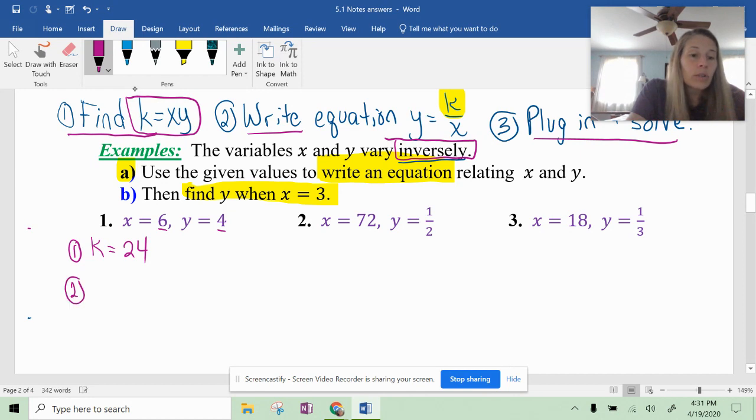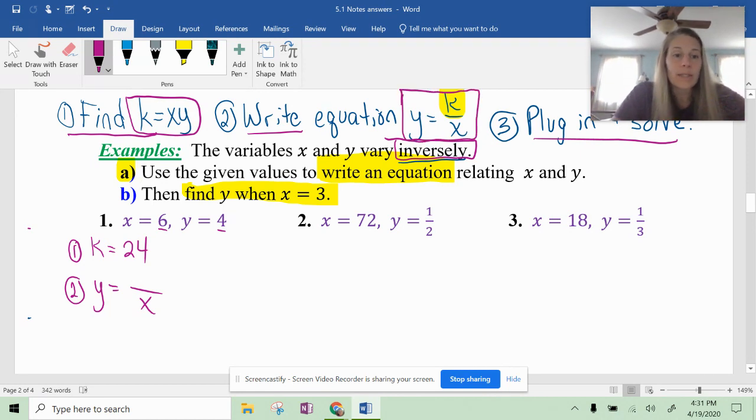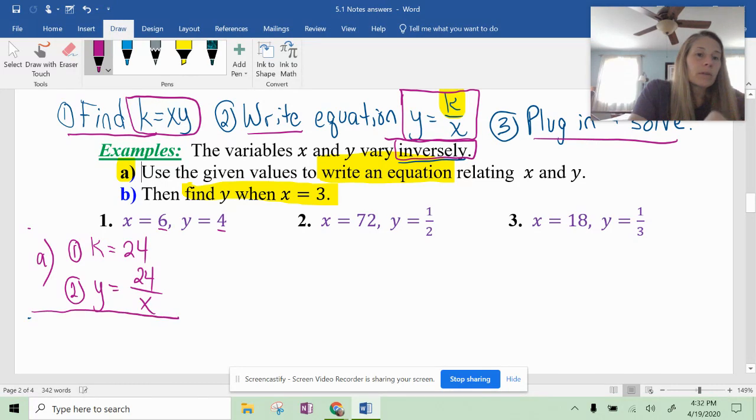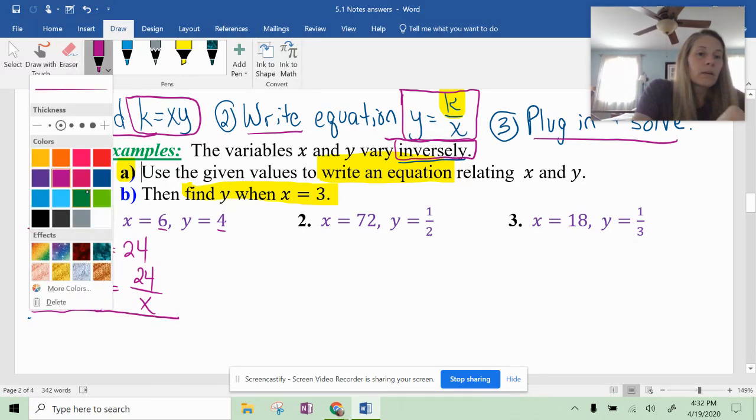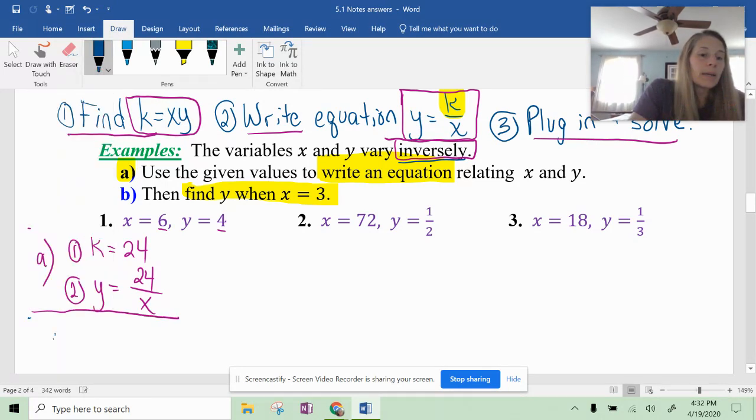So then the next thing we're going to do is write the equation. Remember, you're plugging in just that k value that we just got. So it's still going to be y equals, and then whatever number you got for k, over x. So this is part A right there. Now for part B, you're doing step 3.